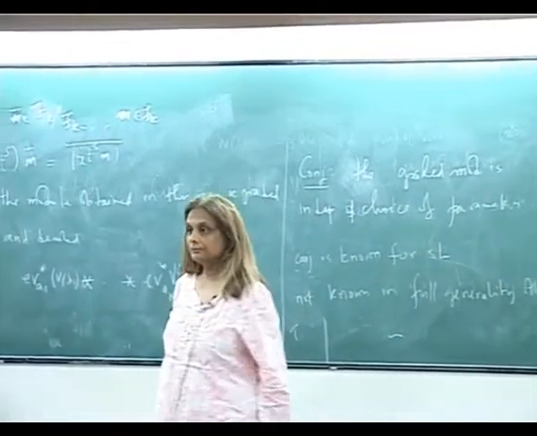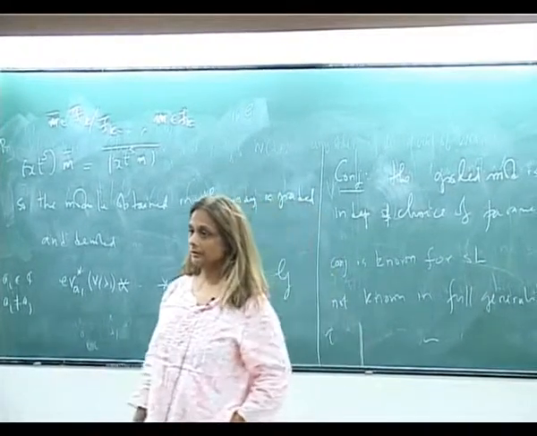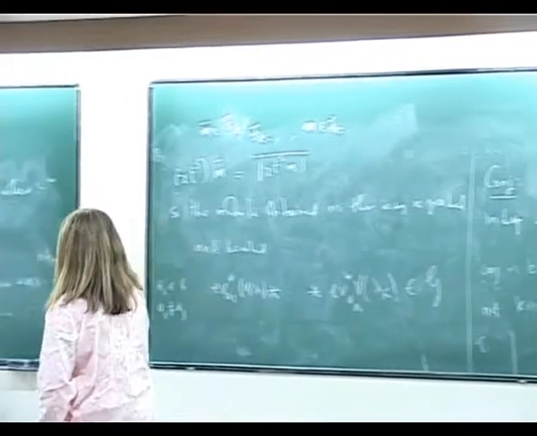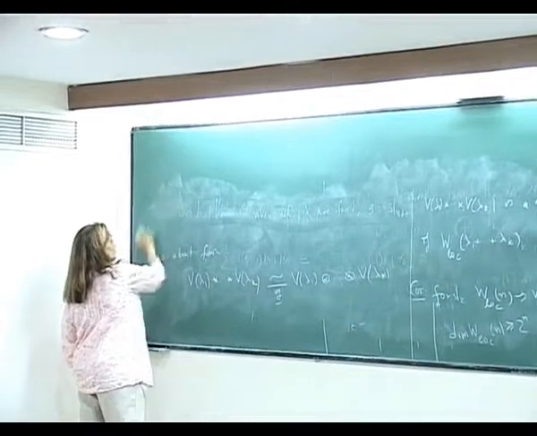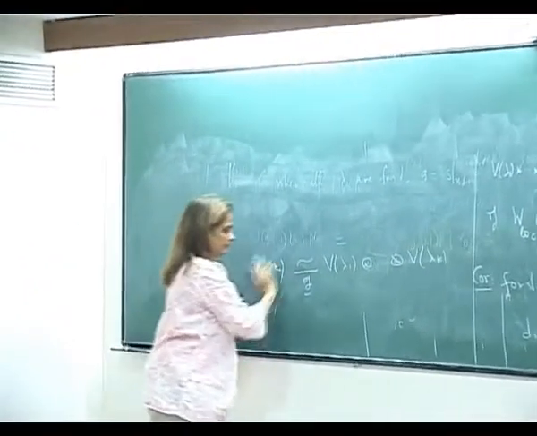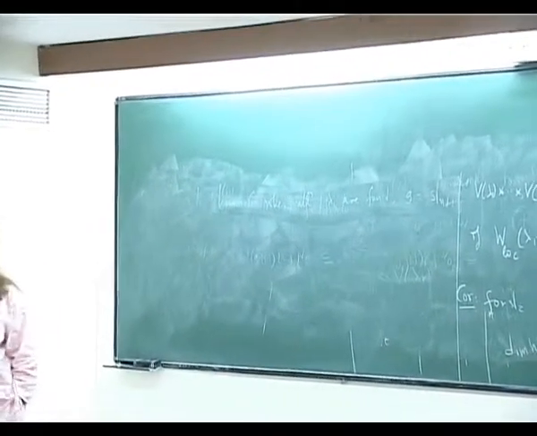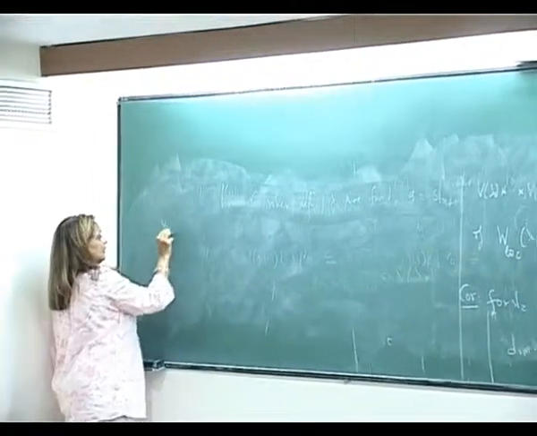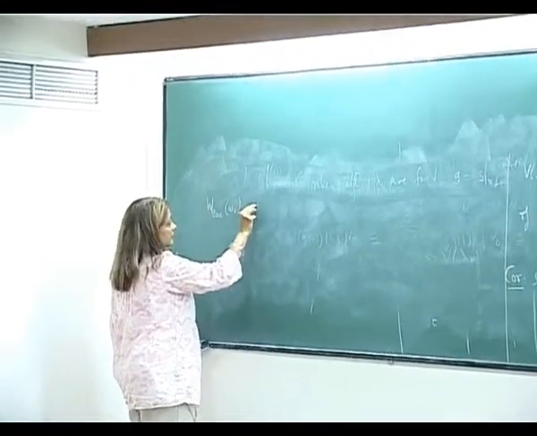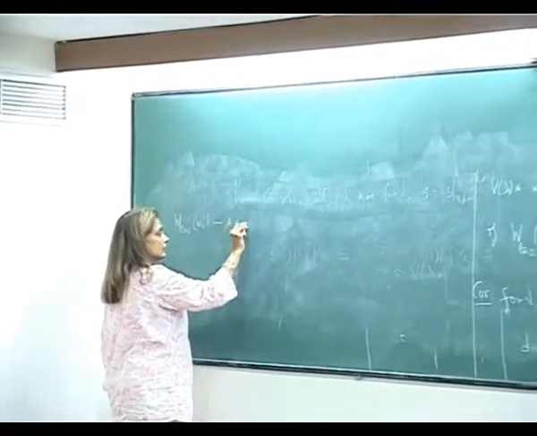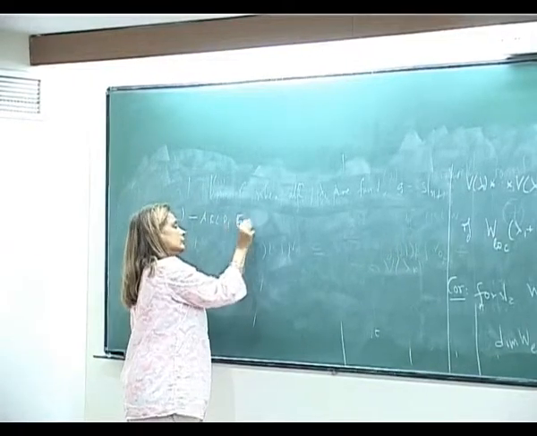W log of omega I is unknown, yeah. So W log omega I is known for algebras of type A, B, C, D, F4, G2.